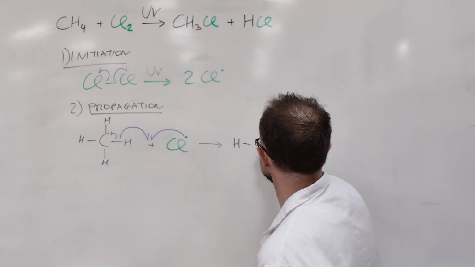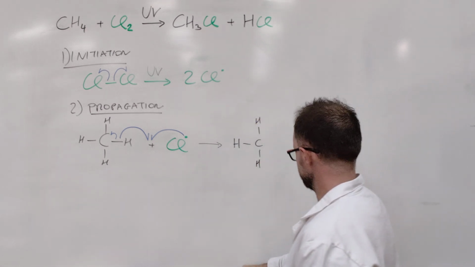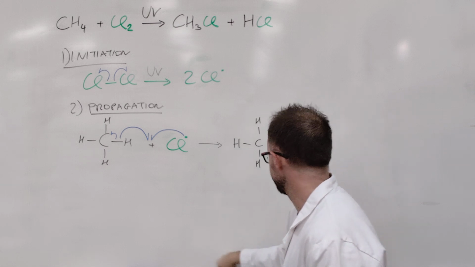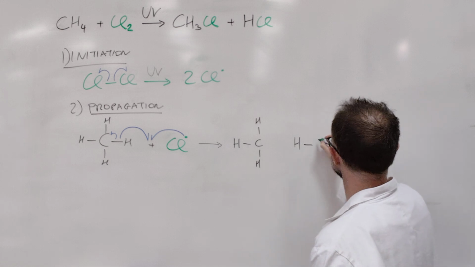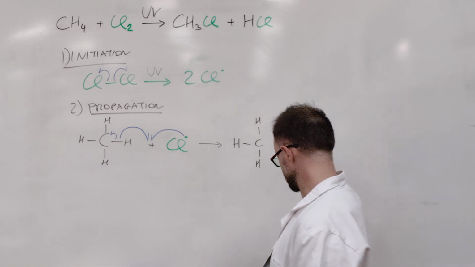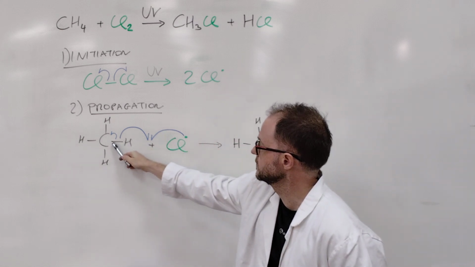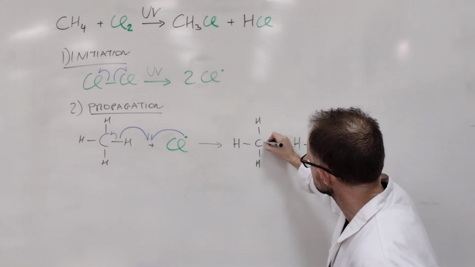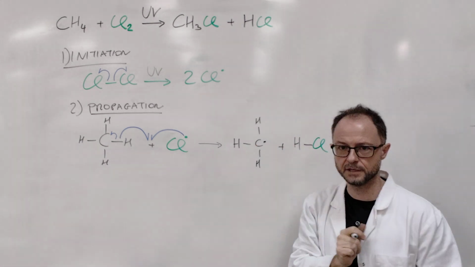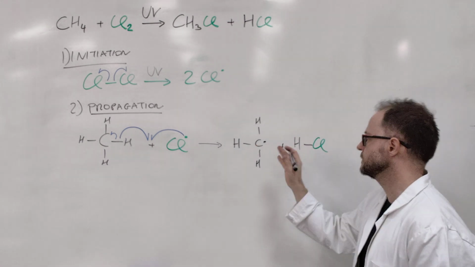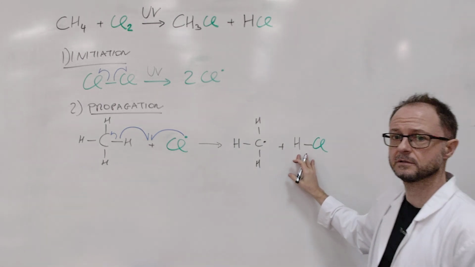We have hydrogen, hydrogen, hydrogen. We also have the hydrogen chloride that was just formed. But we also have this electron that is now unpaired. So we have just generated a methyl free radical. And one of the products, hydrogen chloride.